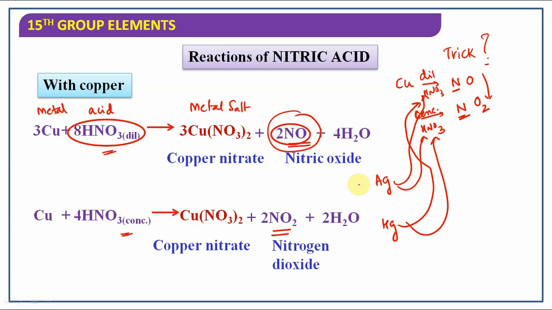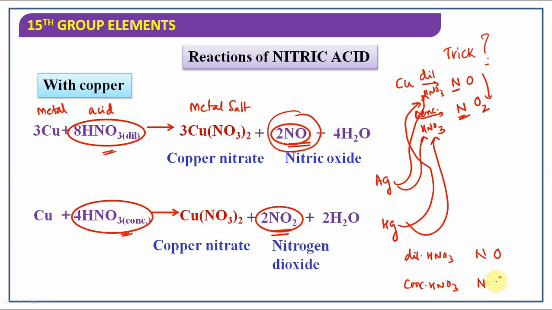It's interesting, no? With concentrated nitric acid, you get NO2, nitrogen dioxide. I repeat, first take dilute HNO3, second concentrated HNO3. In both cases the nitrogen number is the same, and the oxygen number increases. That is how you have to remember.